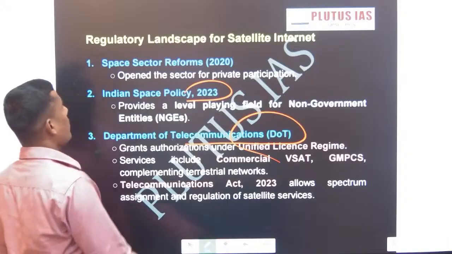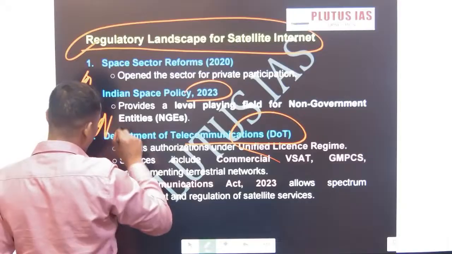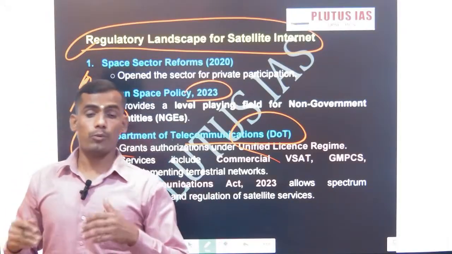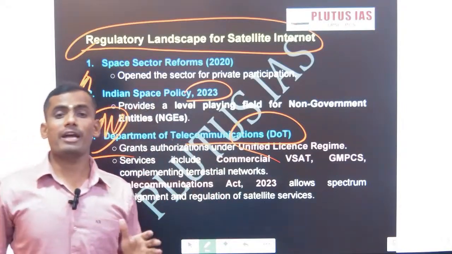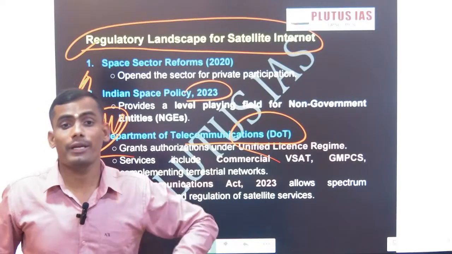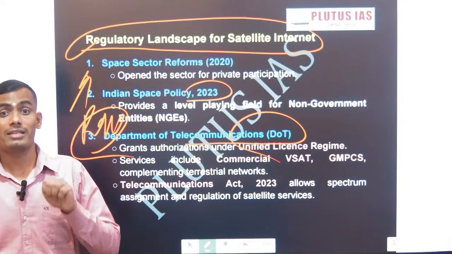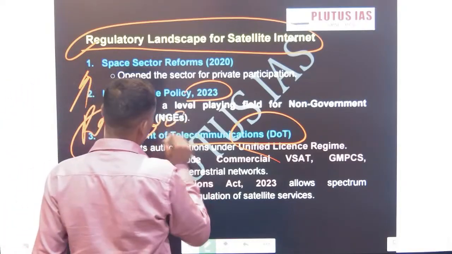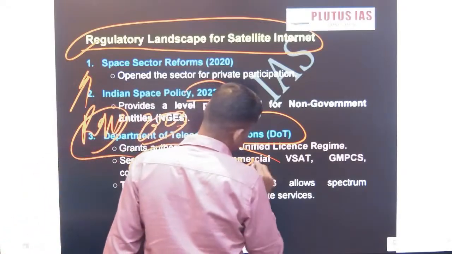Now this is the regulatory landscape, meaning what exactly the Government of India has done to promote satellite internet in India. These are the space reforms, 100% FDI in space, then the National Space Policy 2023. Even the Government of India declared the 21st of August 2023 as National Space Day. In 2023, okay, 21st of August was the first National Space Day.